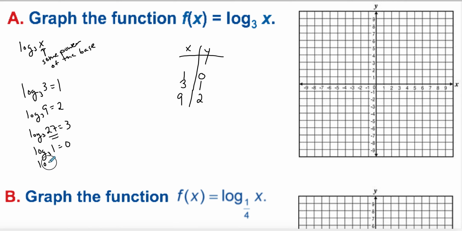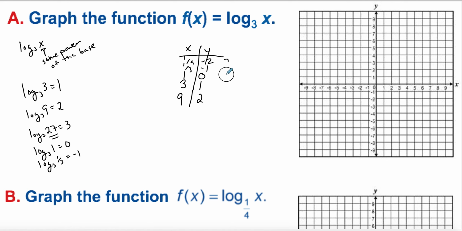Now let's keep going that way. I got 1, 2, 3, 0, and now I'm working the other direction. So log base 3 of 1/3 is a -1, and then you can see 1/9 is a -2.